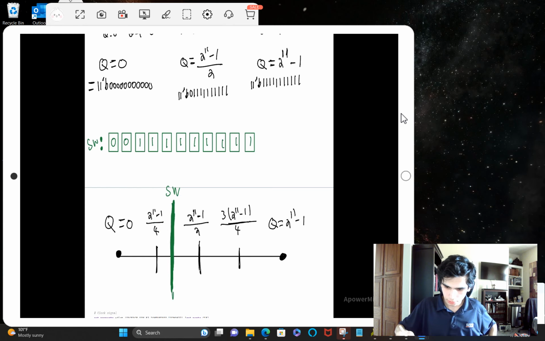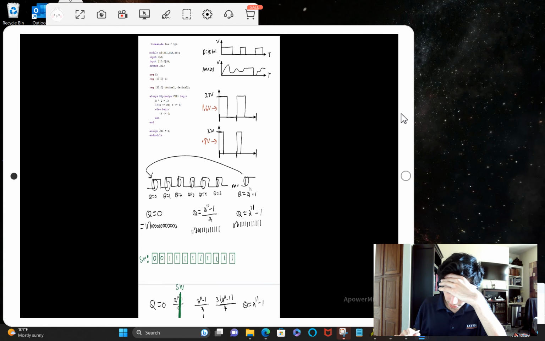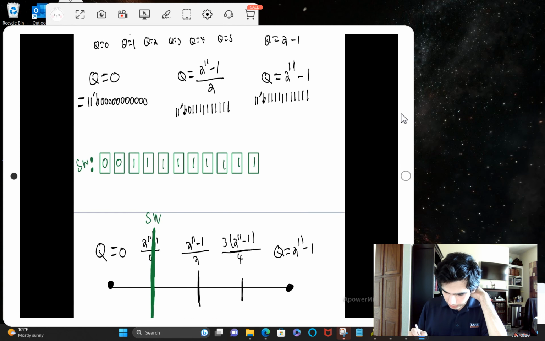So if we set switch equal to this right here, where do you think on the number line it's going to cut it off? It's going to cut it off here. And if it cuts it off there, then that means this statement will be true for only 1/4 of the time, meaning only 1/4 of the maximum output of 3.3 volts is going to be shown. So yeah, that's how that works.